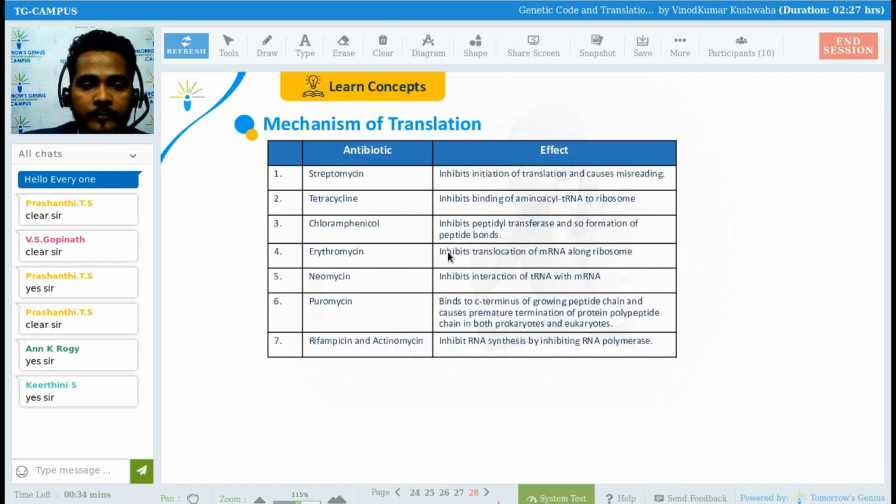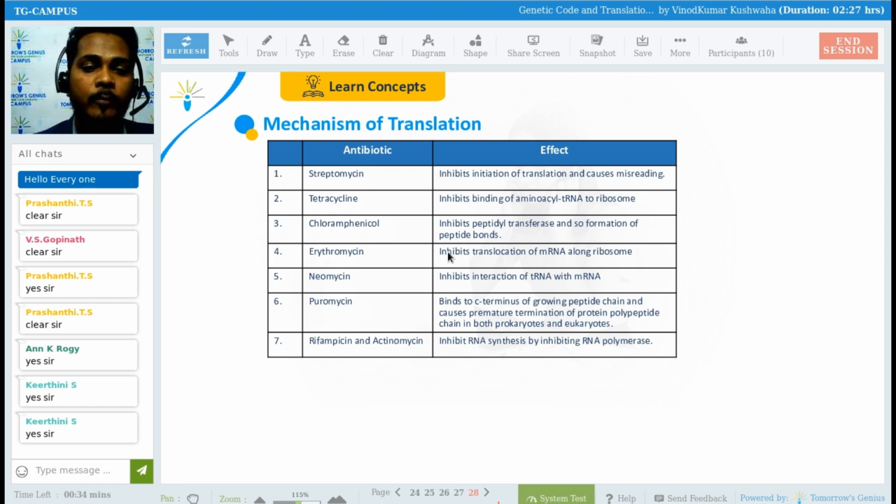Now these are some antibiotics which have a bad impact on protein translation. You have to remember the antibiotics which hamper the protein synthesis process. Remember streptomycin, which inhibits the initiation of translation and causes misreading.